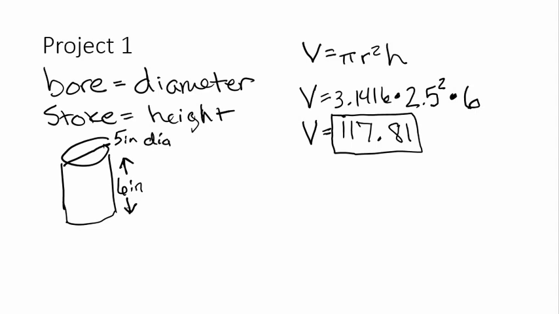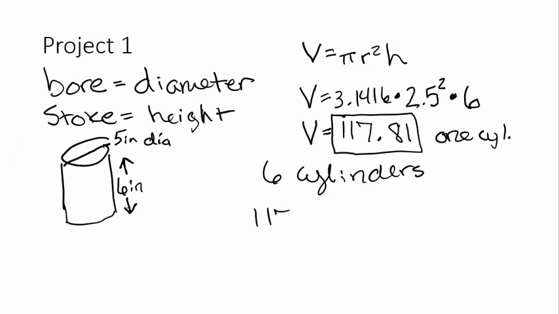So question 5, I have the same cylinder, but now my engine has 6 cylinders. So if this is for one cylinder, and I have 6 cylinders total, I'll take that 117.81 times 6 cylinders to get the total cubic inch displacement of that engine.